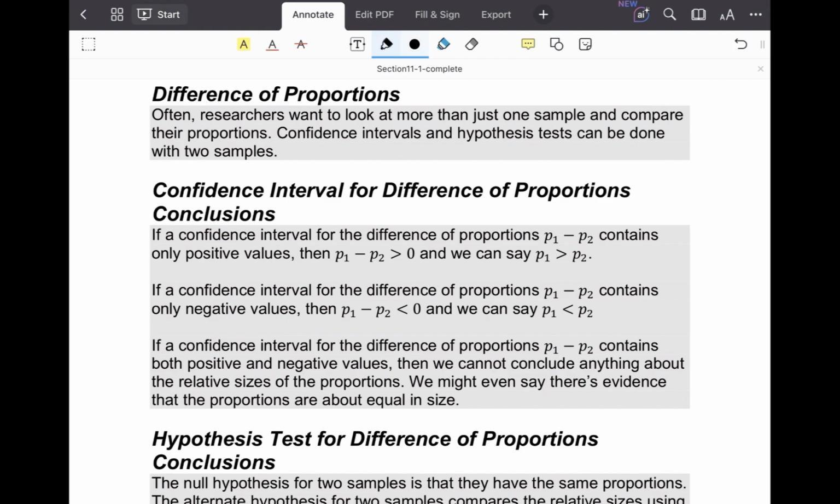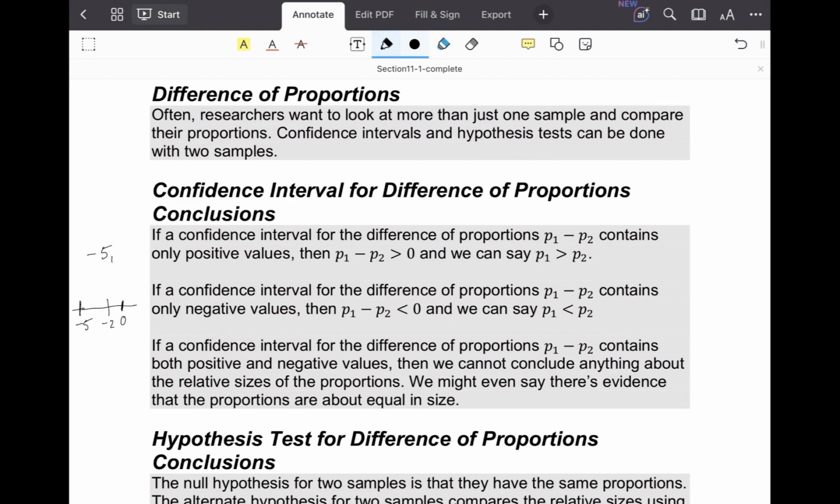In the opposite way, if P1 minus P2 is less than 0, then you add P2 to the other side, and we get P1 is less than P2. So the opposite way. We could see 0 here, we have negative 2, and lower limit negative 5.